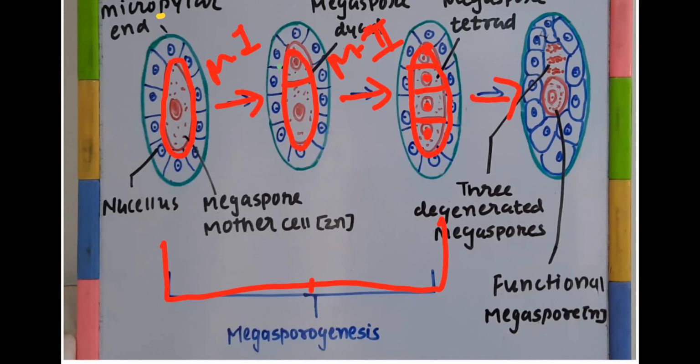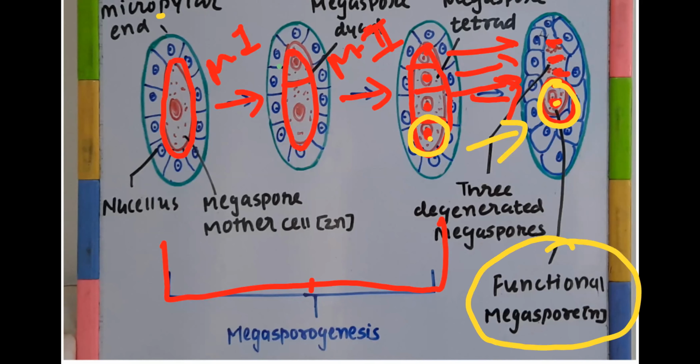Now, further development of megaspores into the embryo sac can happen in different ways. One of the ways we are learning here is the one in which only one megaspore will remain functional. The remaining 3 megaspores will degenerate. Only one will remain functional here. This particular megaspore, called the functional megaspore, will give rise to the embryo sac.